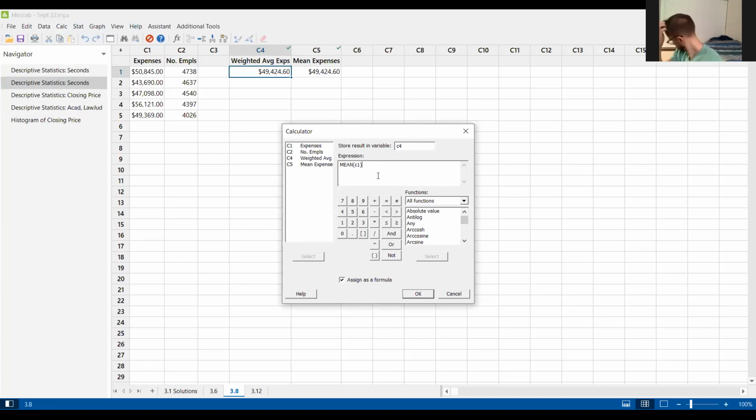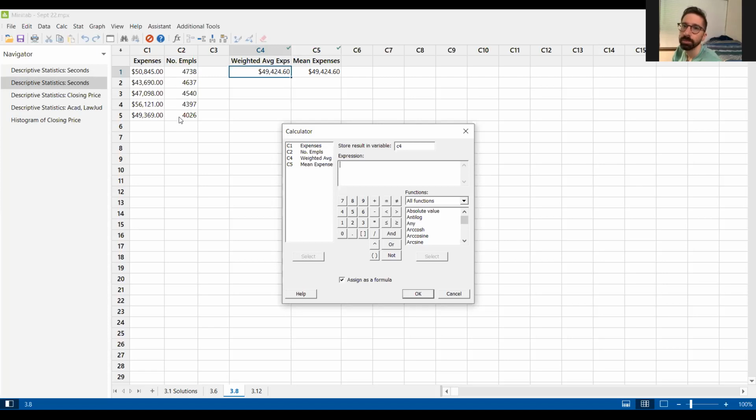Now, how did I come up with the weighted average? I want to multiply each set of 2 numbers here. There's 5 of them. I want to multiply the expense times the number of employees for each of these years.